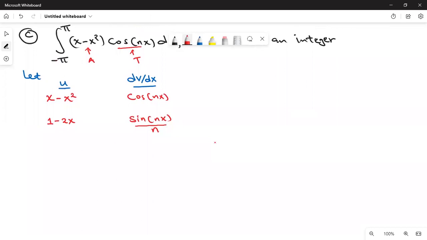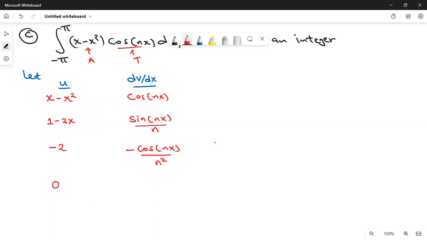That will give us negative 2, because 1 is a constant. When you differentiate 1, you get 0. So when you differentiate negative 2x, you get negative 2. Integrate sine nx over n. That is the same as negative cosine of nx over n squared. And finally, differentiate negative 2, that will give us 0 because it is a constant.